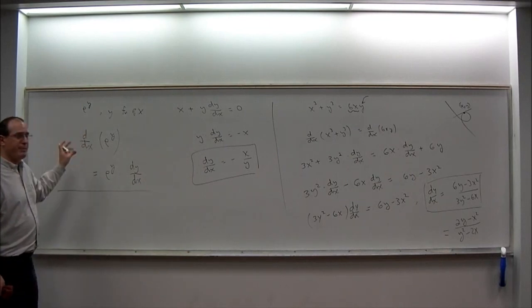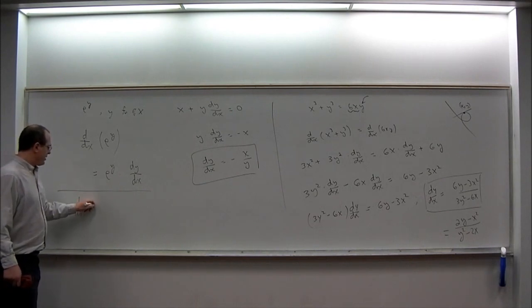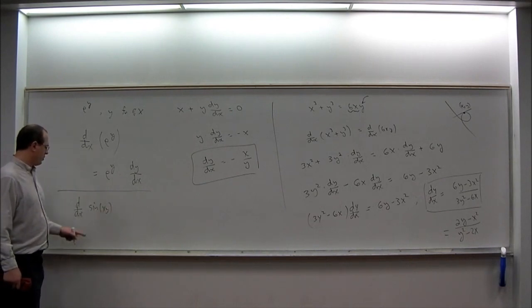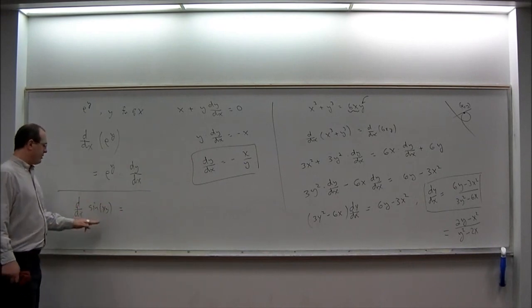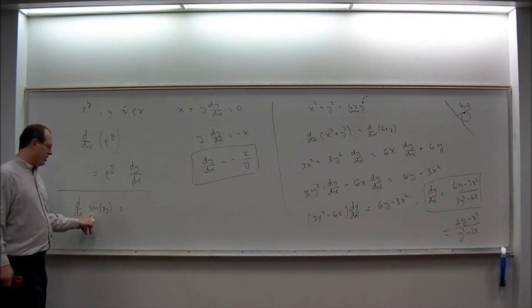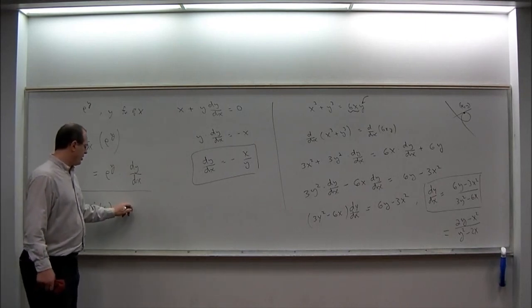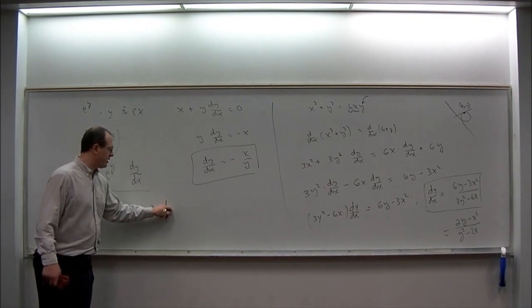And one last mini example. Suppose we want the derivative of the sine of xy, where y again is a function of x. This is a composition where xy is inside of the sine function, so the derivative of the composition is the derivative of the outside times the derivative of the inside.